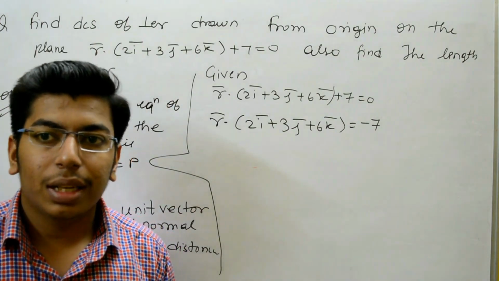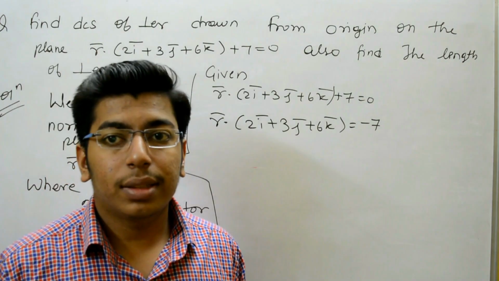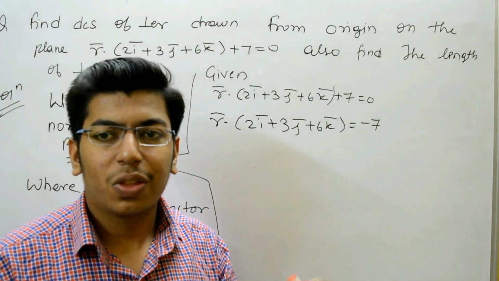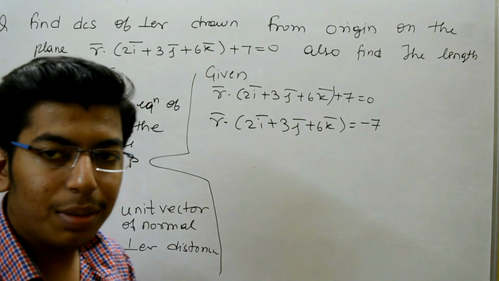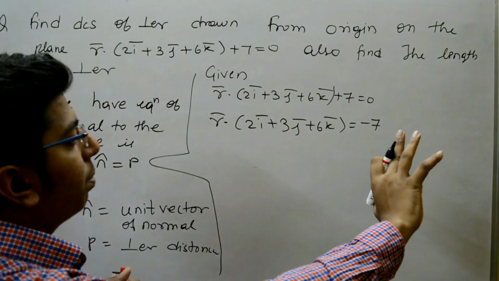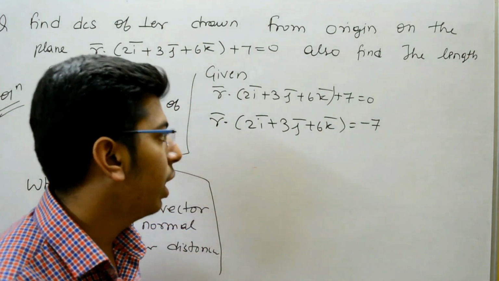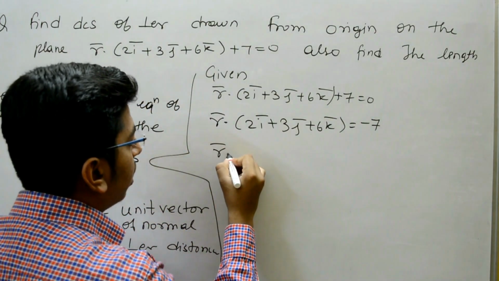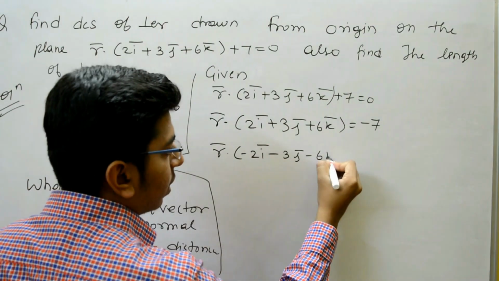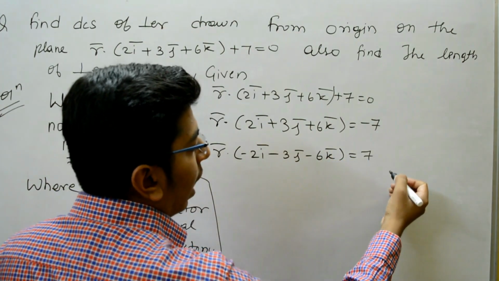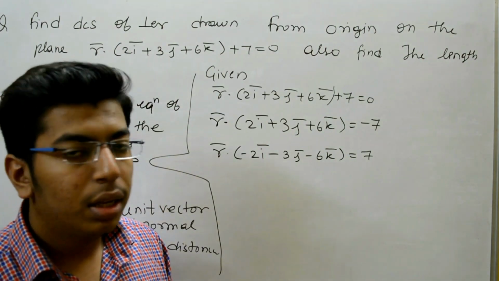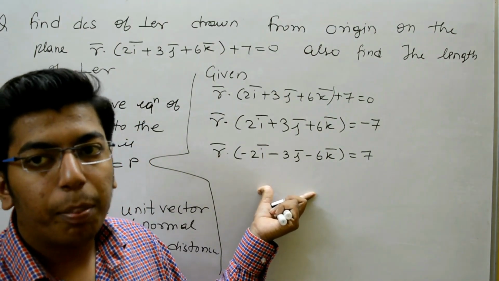So tell me one thing, have you ever seen a distance in negative? No. So the distance must be positive. To make it positive, multiply throughout by -1. So r bar into -2i bar minus 3j bar minus 6k bar is equal to 7, and this is the equation of the plane.